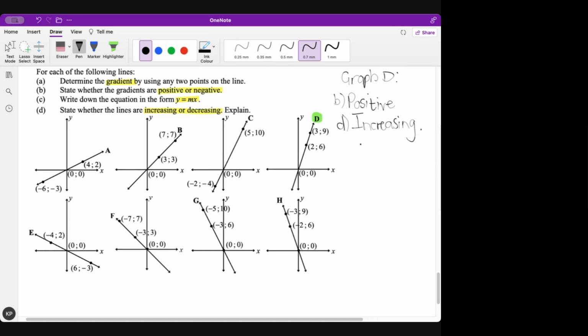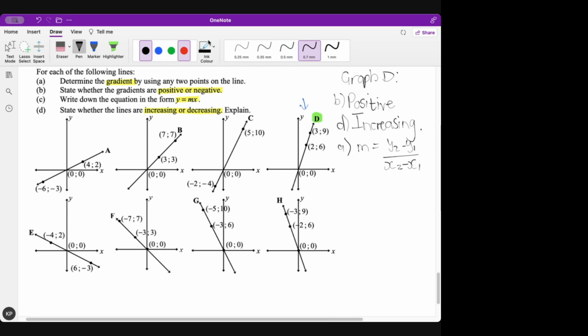Let's find the gradient. A. M is equal to y2 minus y1 over x2 minus x1. Great. What's our y2 for graph D? You guys can choose either one of those. Our y2, we don't have a -3 on graph D. We're over here.